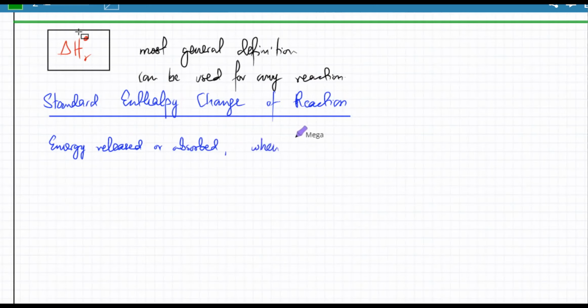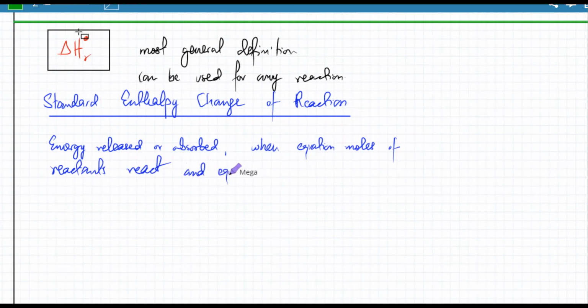when equation moles of reactants react and equation moles of products are produced.